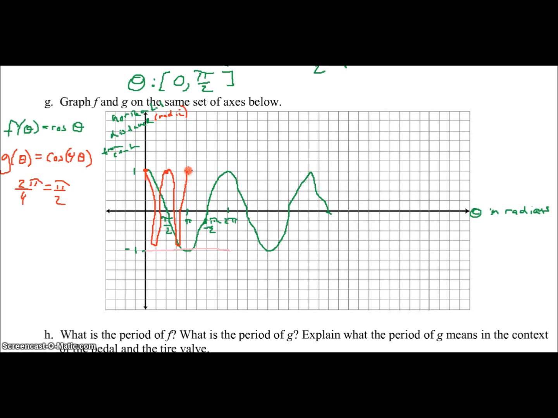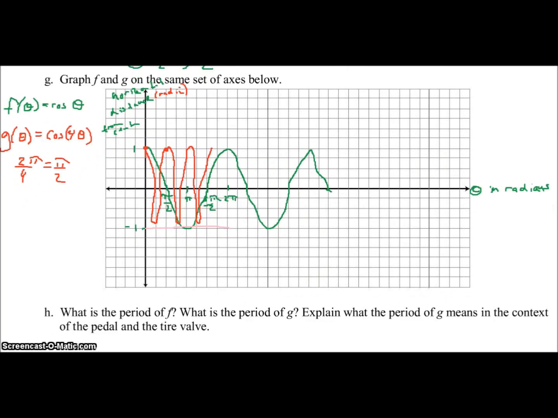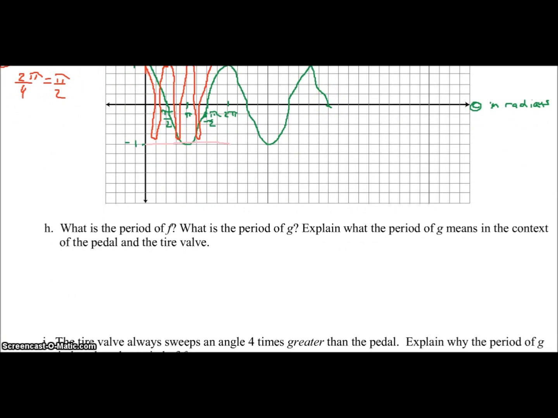So we really need to make our scale much bigger to draw this accurately, but we can see that even though we're turning our pedal and it's moving at its rate, that's the green function, the tire rotates much quicker. So what is the period of f?